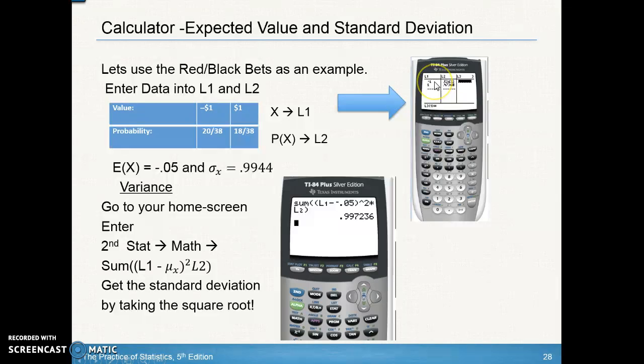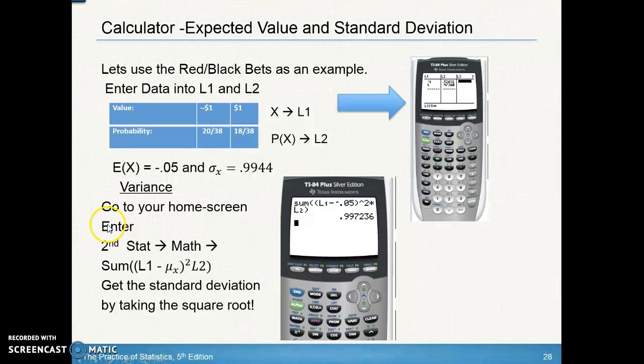So negative 1 minus negative 0.05, squared, times your value in list 2, that gives you your value in list 3. So list 1 minus the expected value, you'd type in 0.05, square it, times list 2. That's what you'd put in list 3 if you wanted to do it there.